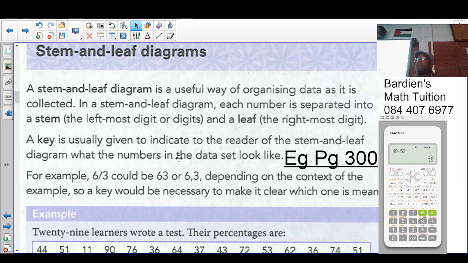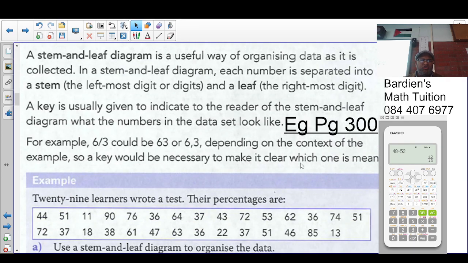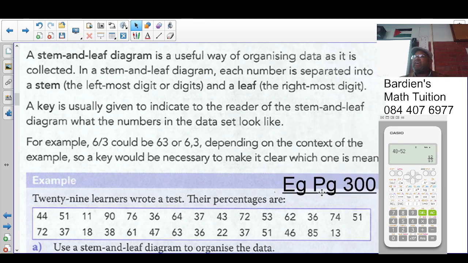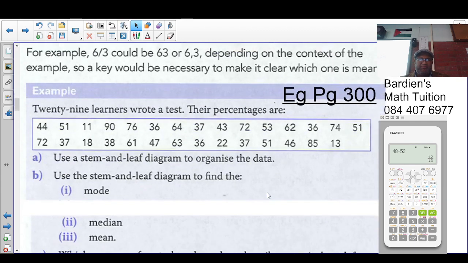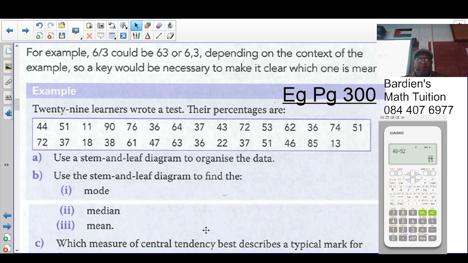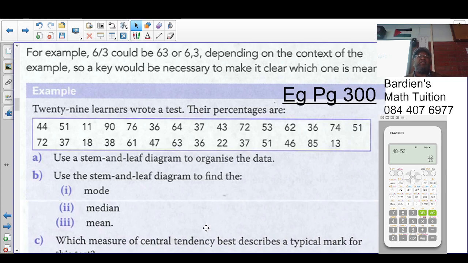So the leaf always represents one digit of the number itself. A key is usually given to indicate to the reader what the number in the data set looks like. So normally the key is given if the stem and leaf is given.